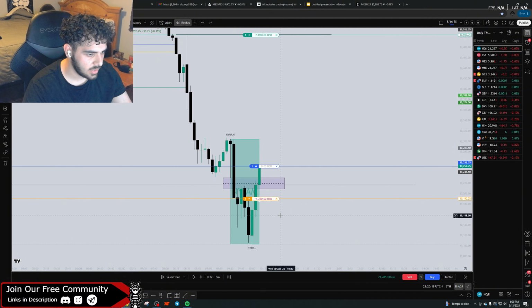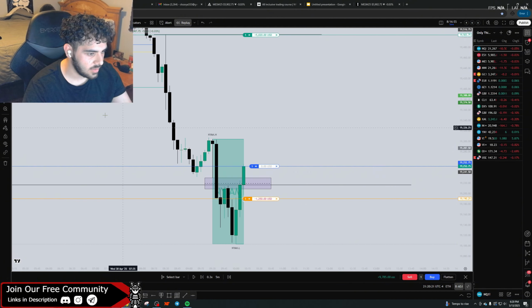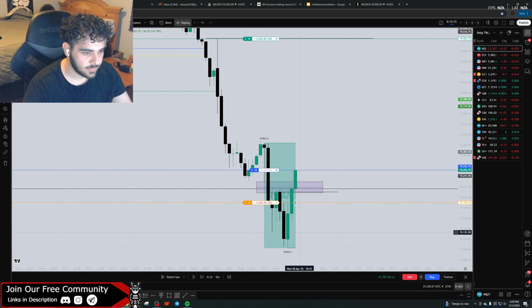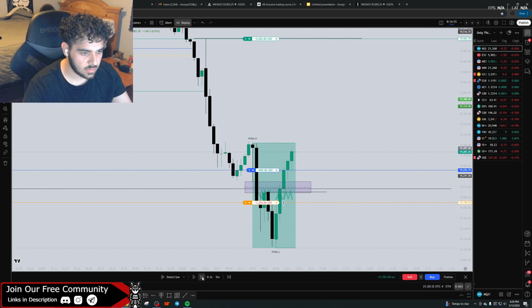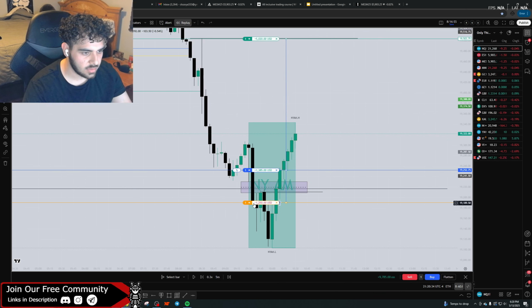Aim for this data high. And then this was a breaker right here with an order block. Okay, so we're pushing through that high, kind of slow. I'm gonna go to break even.